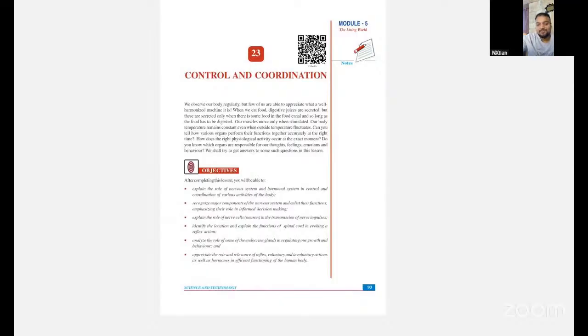Okay, everyone, come back. So we were doing the control and coordination chapter. Control and coordination basically depends upon the nervous system of our body. We'll take one example.